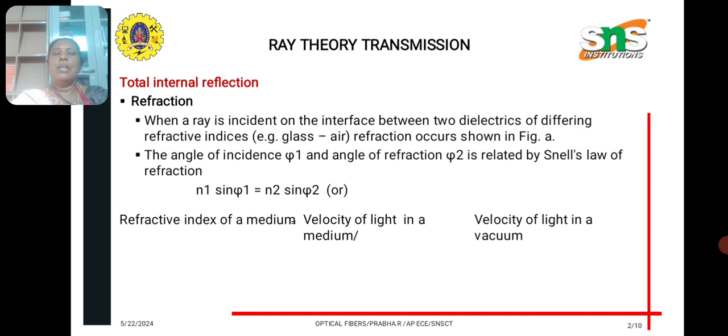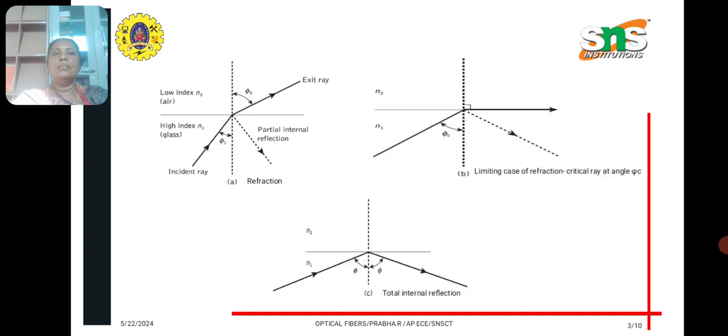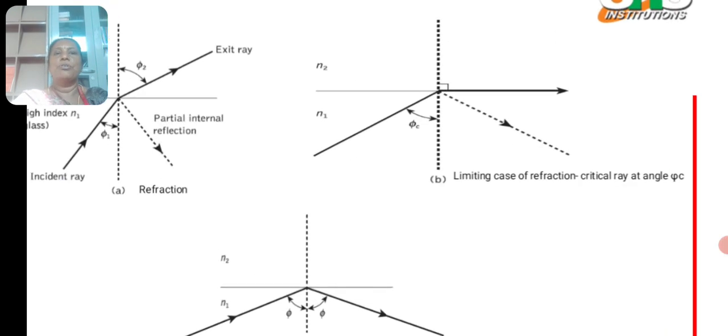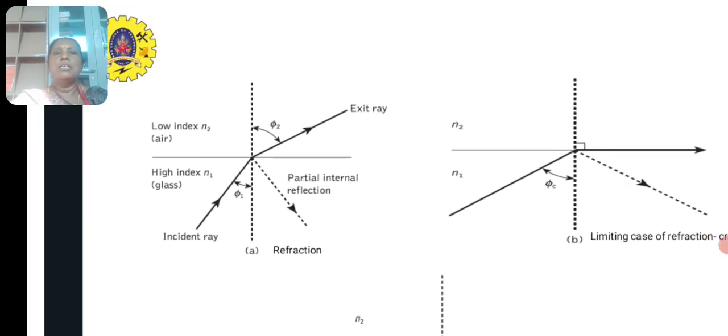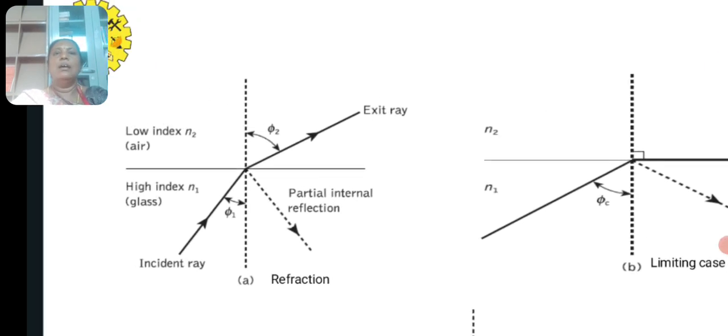So the refractive index of a medium is the ratio of the velocity of light in a vacuum to the velocity of light in the medium, and the refraction is shown in the diagram. If we see, there are two mediums, one is glass and another one is air.